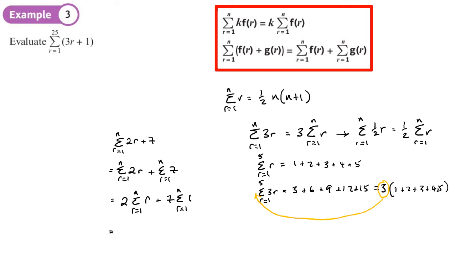Then this would become something like 2 lots of half n times by n plus 1 to work out the r bit, plus 7 lots of the n. So these bits here, these are just the rules from before.